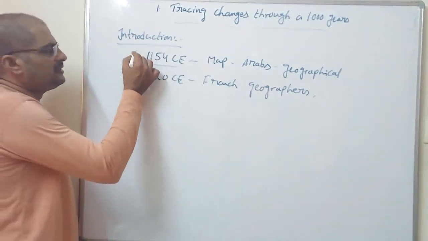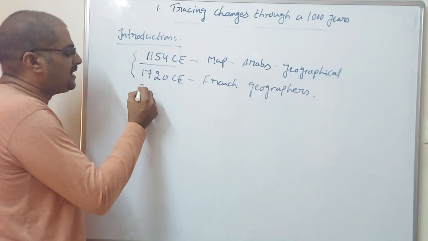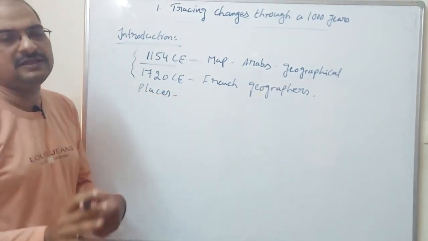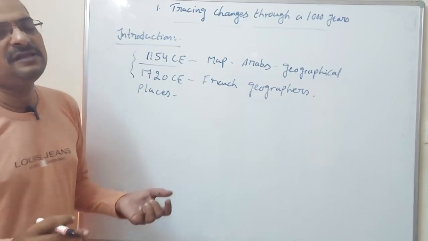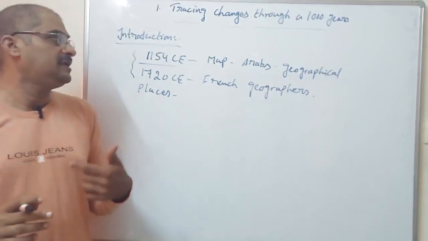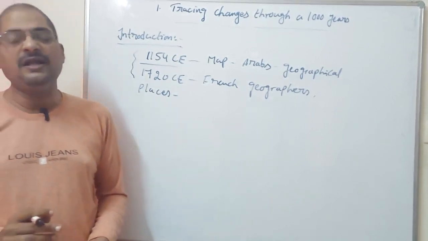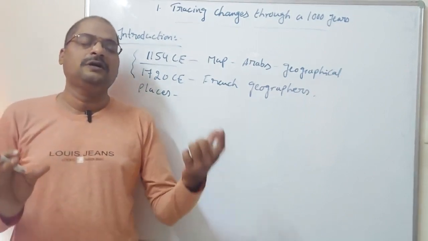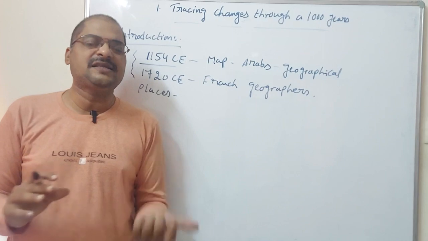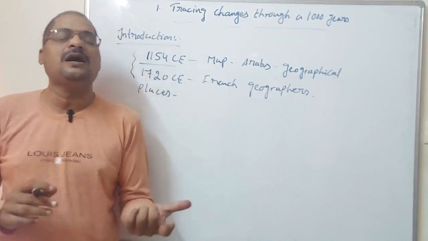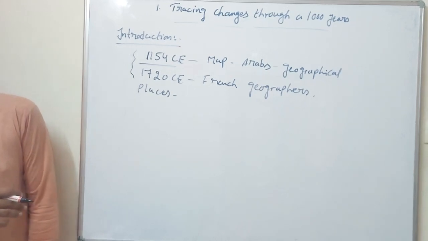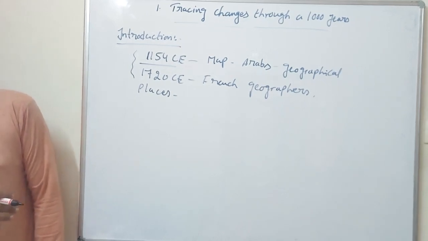Some places are changing. The map is not the same in 1154 and 1720. Some places are similar, but some places show different kinds of changes in these two maps.